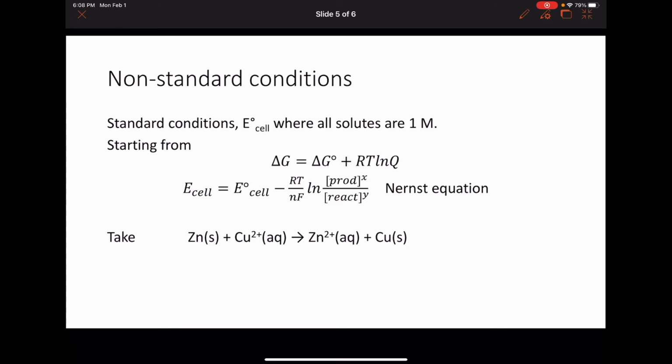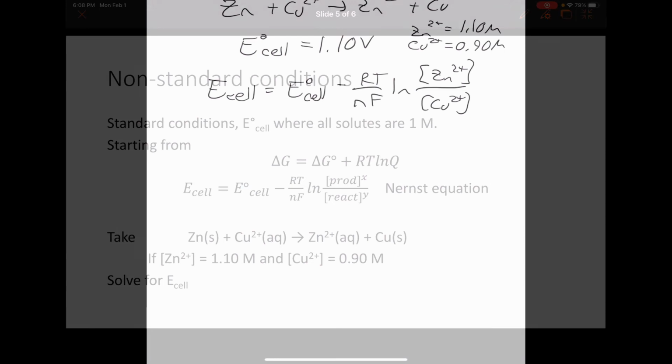So we're going to go back to our original zinc and copper galvanic cell, and let's see what would happen if we put zinc at 1.1 molar and copper at 0.9 molar. Let's solve for the non-standard E cell.